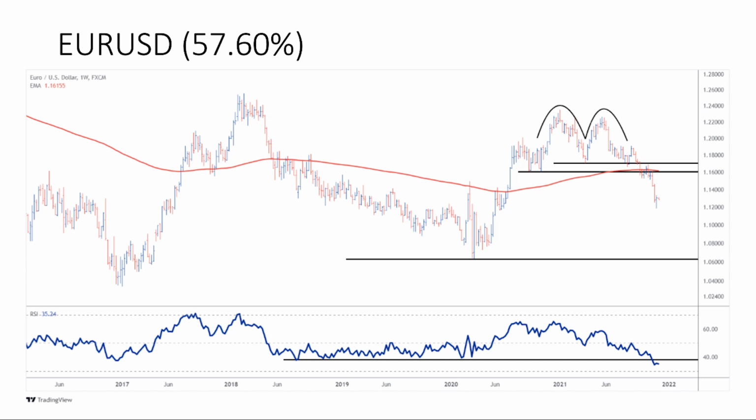So what does this mean? When the EUR/USD price goes down, it means that the euro is depreciating or getting weaker against the dollar. So the more it falls, the stronger the dollar gets and the weaker the euro. We believe that it has gone below the 200 weekly exponential.